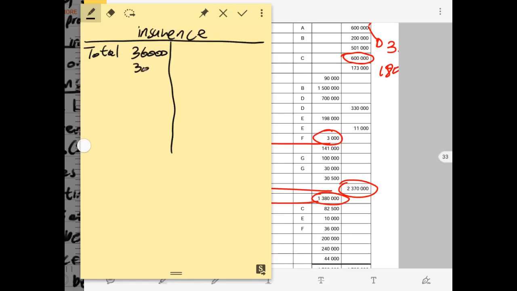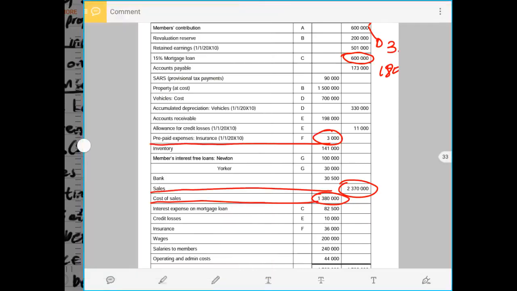Then we record 3,000 here. This will be prepaid. Then after, now we say on the credit side, we write the amount of profit and loss. Profit and loss will be 36,000 rands. We already know that. So let us just go again to our adjustment.